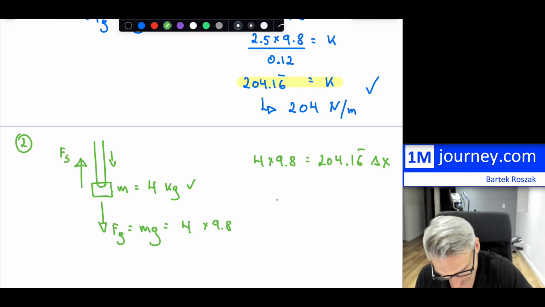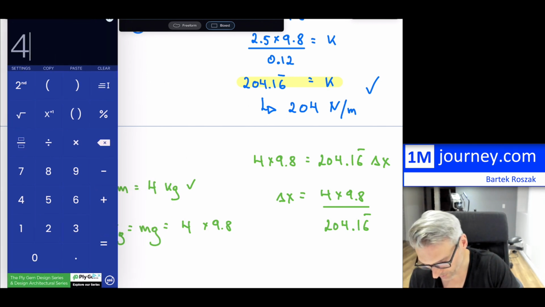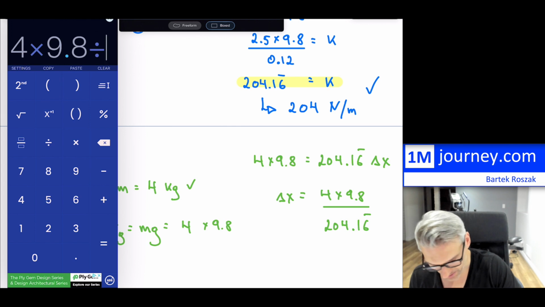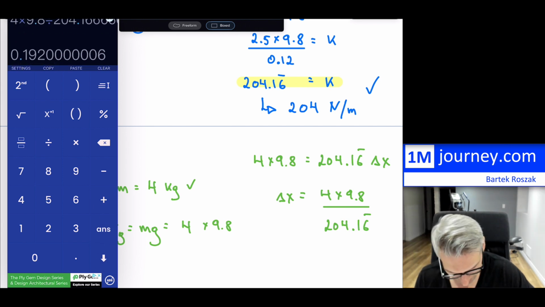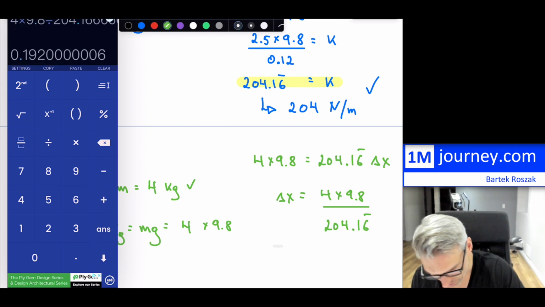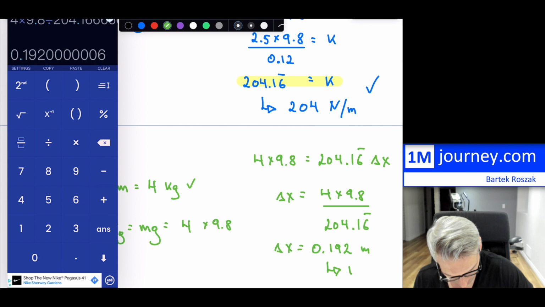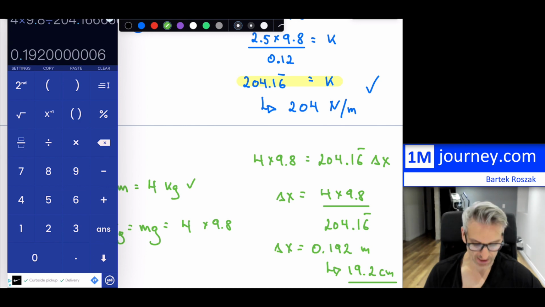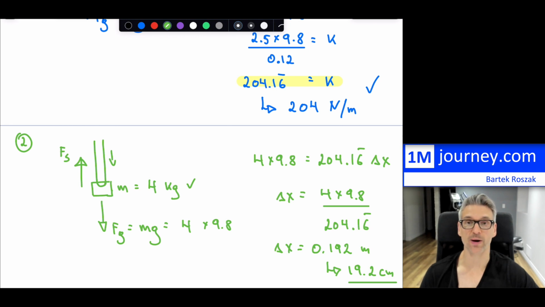So this would be equal to, on our calculator, 4 times 9.8 divided by 204.1666, etc. So we have this as our stretch, and notice it would stretch quite a bit, 0.192. Again, I'll keep it to 3 significant figures. This is in meters, so this is really 19.2 centimeters if you were converting it back. So that would have been the stretch that we would have observed for a 4 kilogram mass.